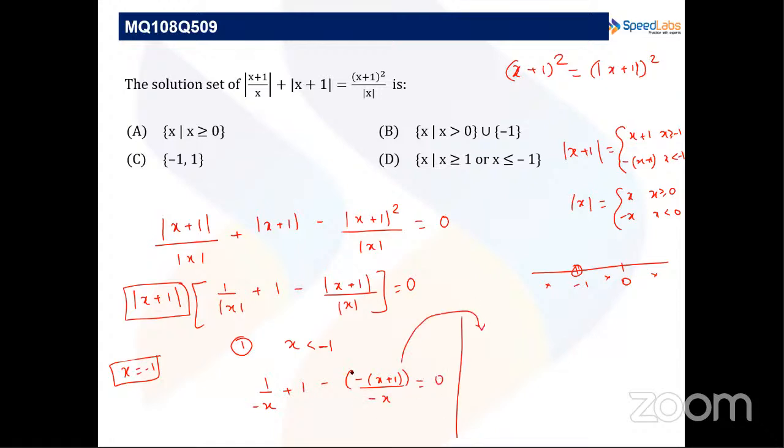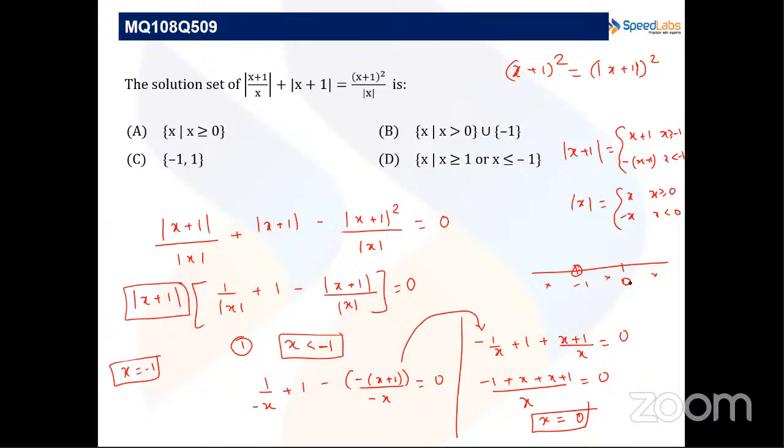On solving it, we would get minus 1 by x plus 1 plus x plus 1 upon x equals to 0. So LCM: minus 1 plus x plus 1 equals to 0. So we would get x equals to 0. Since we are not considering x equals to 0 in here, it is not possible.